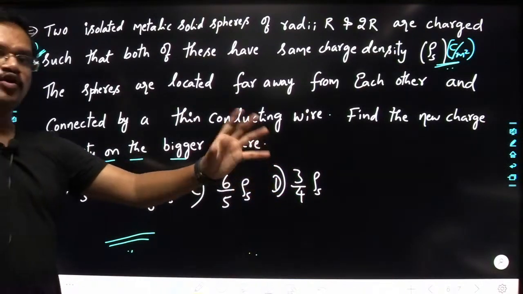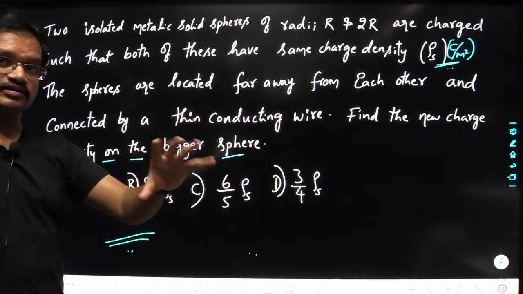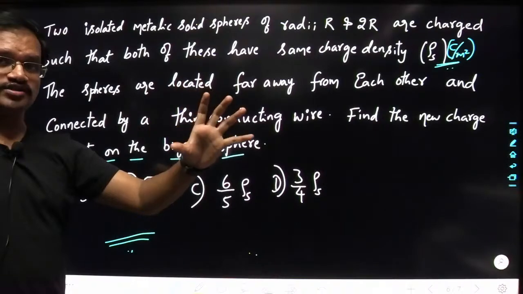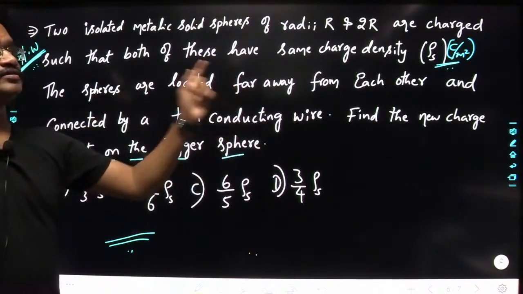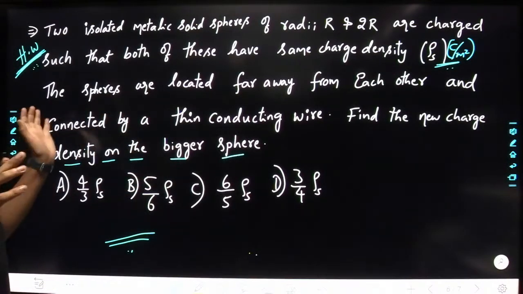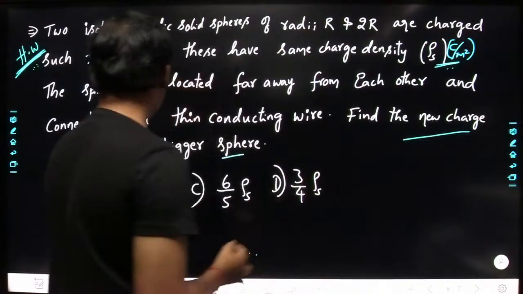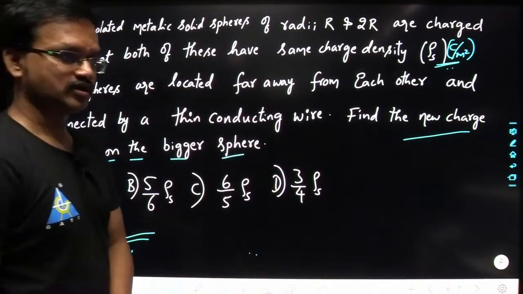Both are having the same charge density. They are having different radii, but they are having the same surface charge density. That's what they have given. Now, they have connected with a long thin conducting wire. Understood? So then they are asking what is the new charge density? Find the new charge density on the bigger sphere.